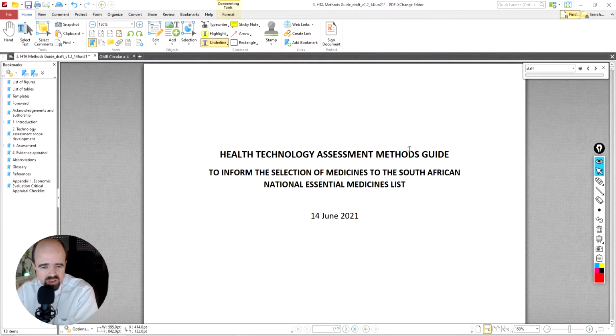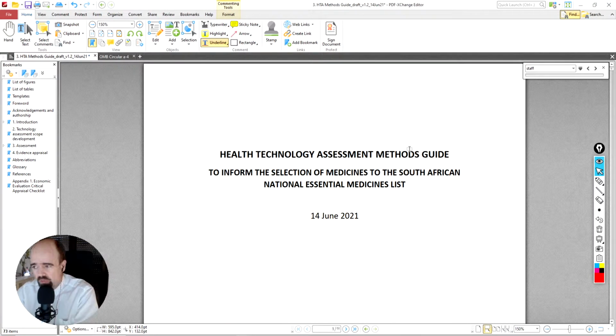So we're still working with a lagging measure in the form of the WHO EML. Another case in point is bevacizumab, Avastin, for colorectal cancer. It appeared in the WHO EML in 2013 and in the South Africa EML in 2015. Rituximab for non-Hodgkin's lymphoma, 2015 and 2012 in the South Africa EML.